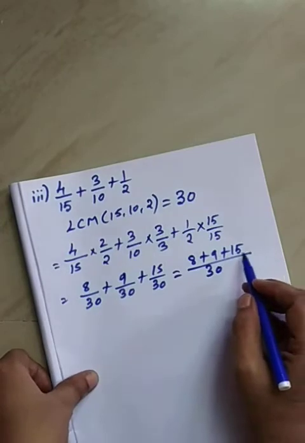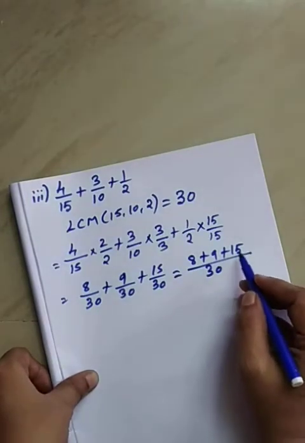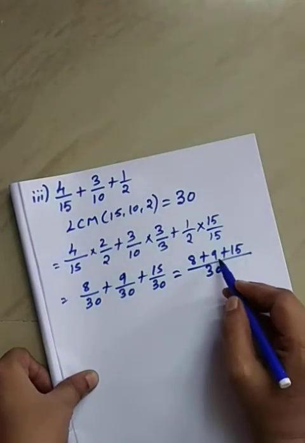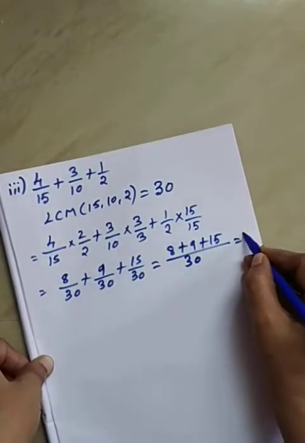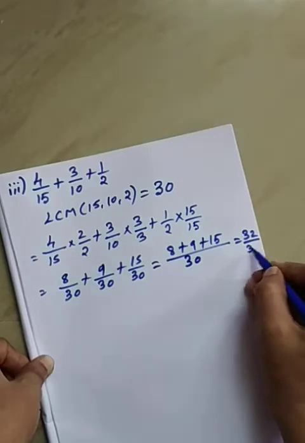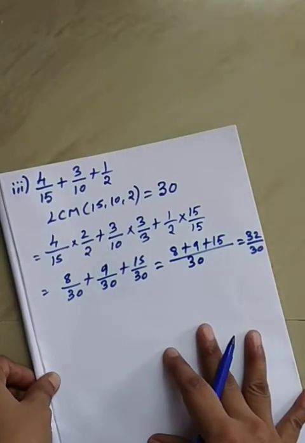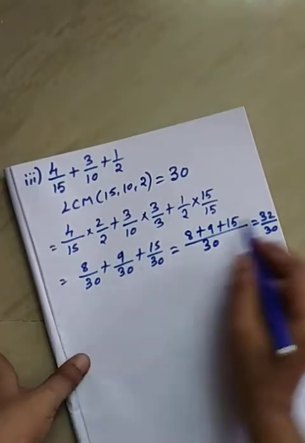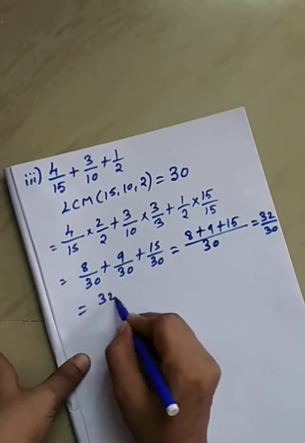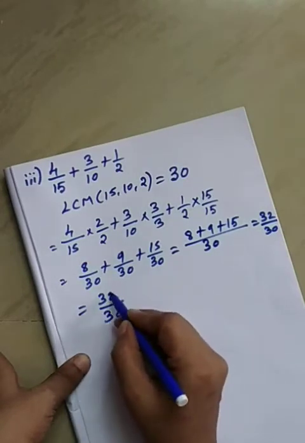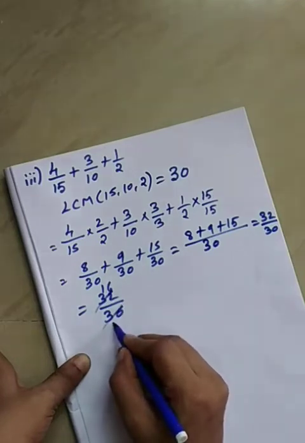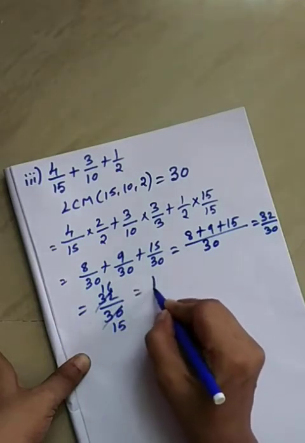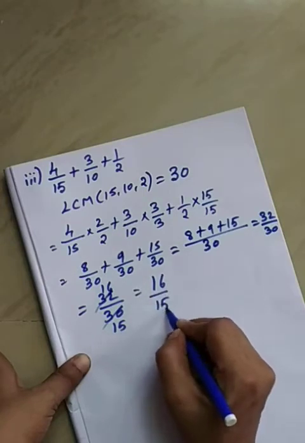Now you can add the numerators: 15 plus 9, 24. 24 plus 8, 32. So you will get 32 divided by 30. Now you can simplify this value. 32 by 30 means 16 divided by 15.